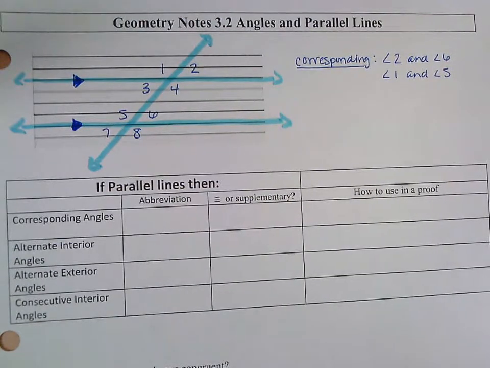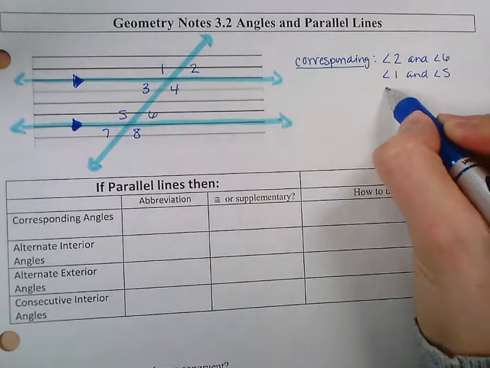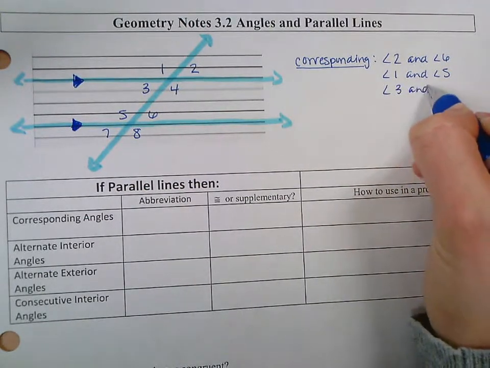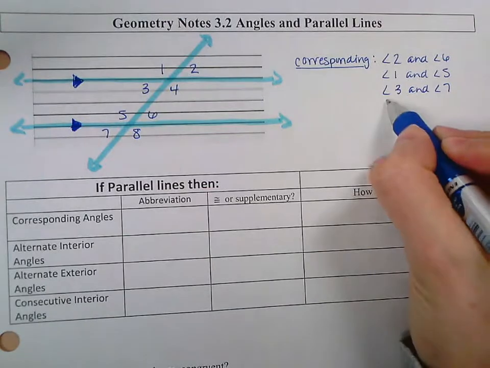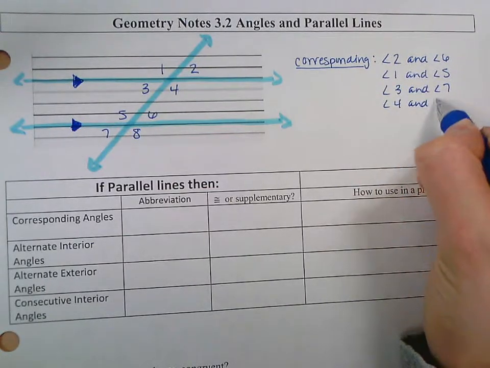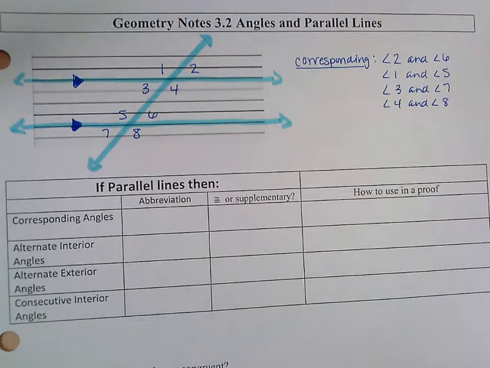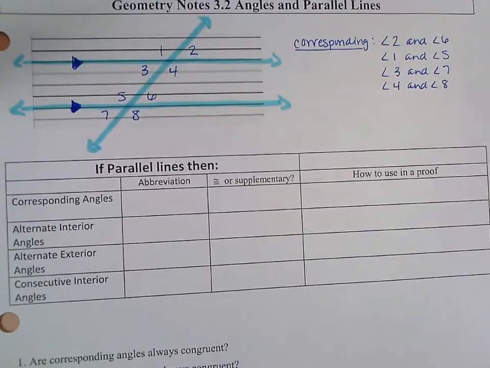Somebody give me another pair of corresponding. Kelly? 3 and 7. And what's the last pair of corresponding? 4 and 8. Okay, so those are all of the pairs of corresponding. For the other ones, we'll just list one or two pairs.